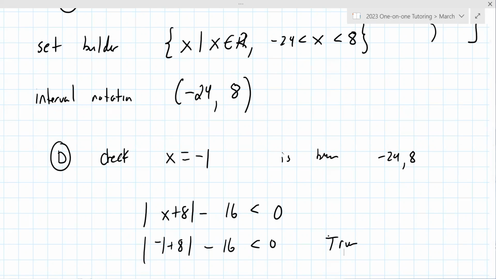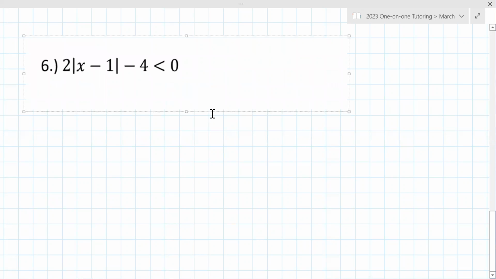Okay, let's go to number 6 because it's the most like the one we just did. We'll do that one next. Let's not actually do this in the order that is given here. Part A is to solve the absolute value inequality.